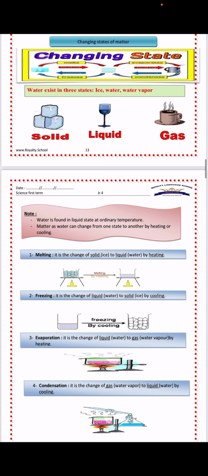This process is called the evaporation process. So from the solid state to the liquid state, melting; from the liquid state to the gaseous state, evaporation. And both of them by heating.